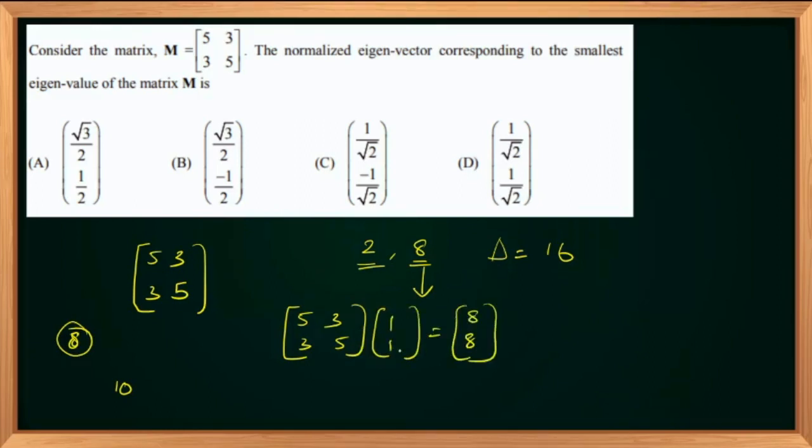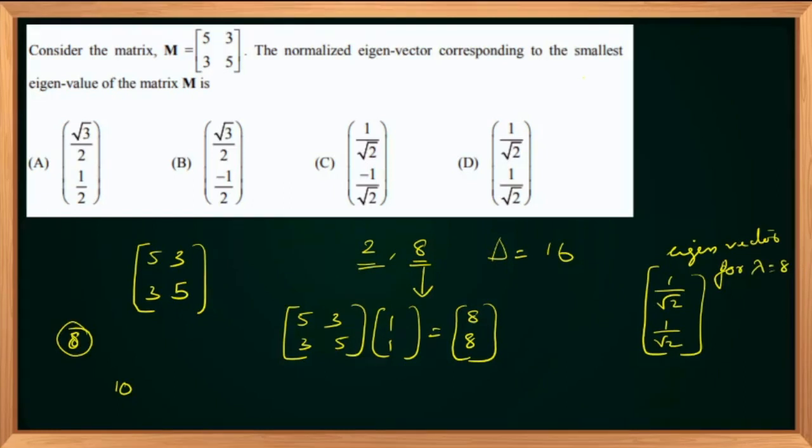So the eigenvalue is 8 here. When you normalize this, normalizing means dividing by the total magnitude. The root of 1 square plus 1 square is root 2. So 1 by root 2 and 1 by root 2 is the eigenvector for lambda equal to 8.